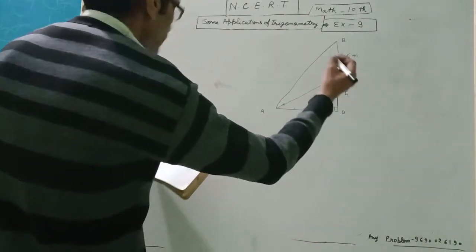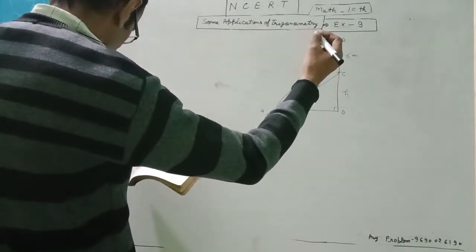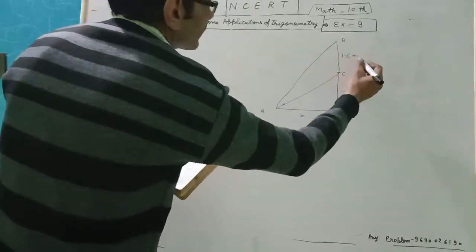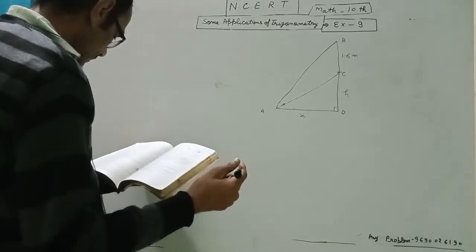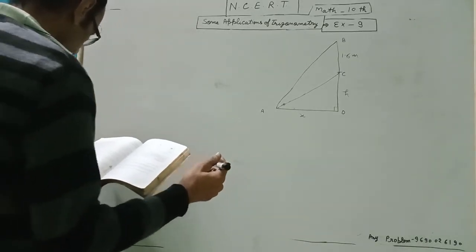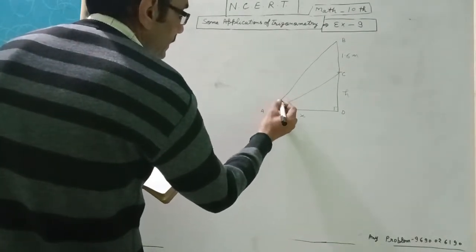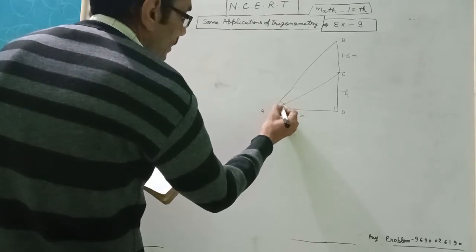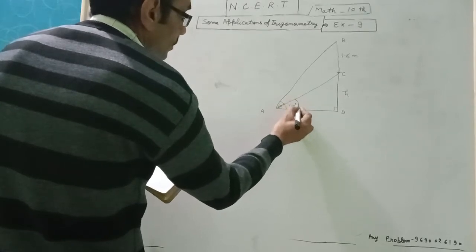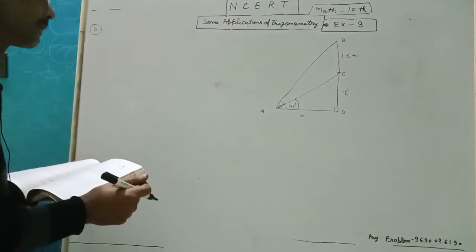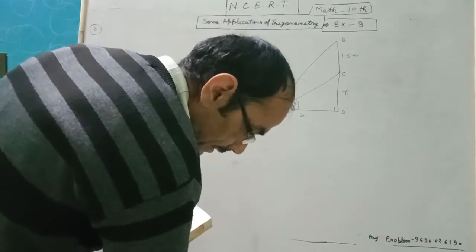DC is the pedestal. The angles are 60 and 45.